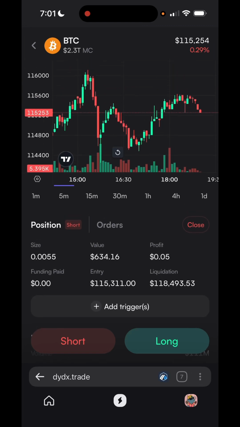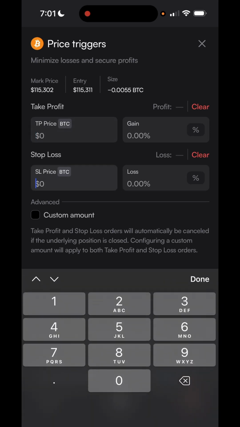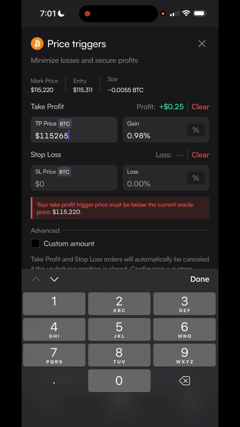We're going to add triggers to minimize losses and secure profits. So let's do that. I'm going to add my take profit, which is also known as TP, and I'm going to add a stop loss.